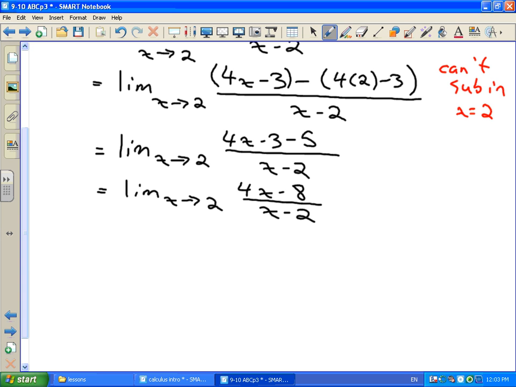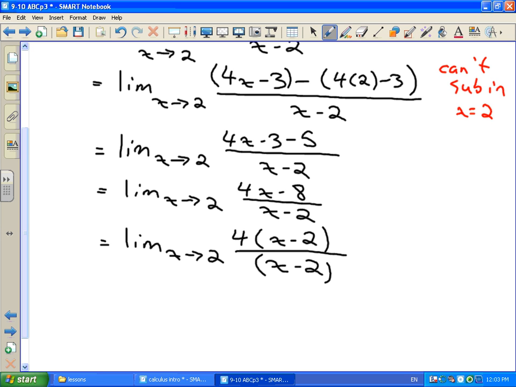But what I can do is factor the top. I can factor out 4 to get x minus 2 in the numerator. This is a good thing because the x minus 2 on the top and the x minus 2 on the bottom now cancel out.